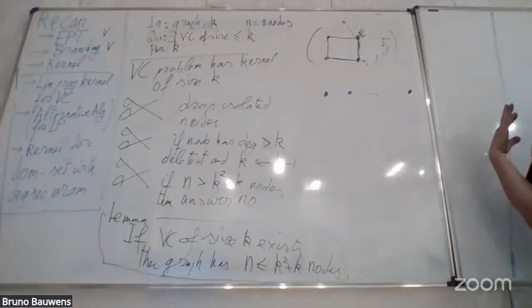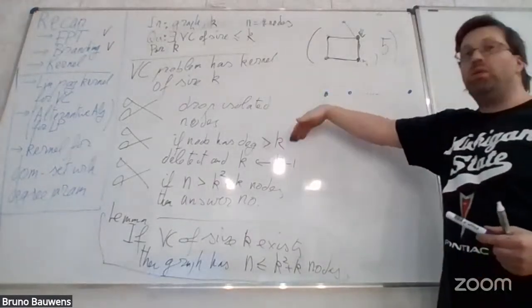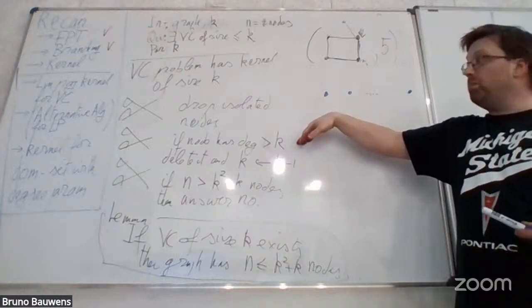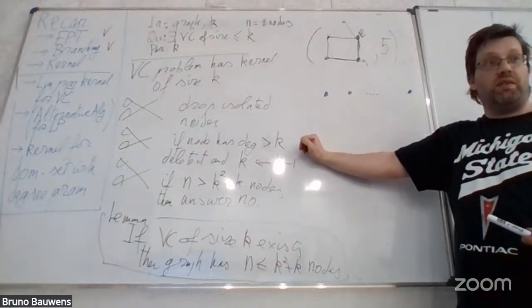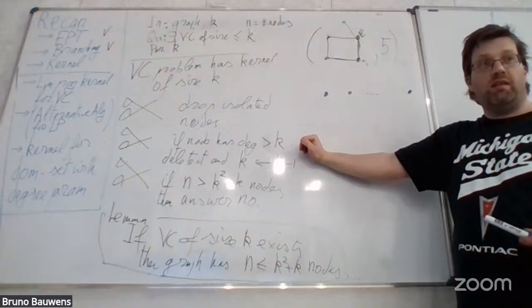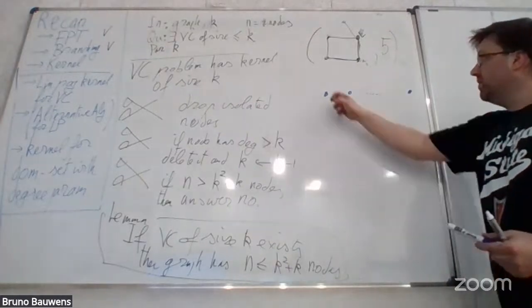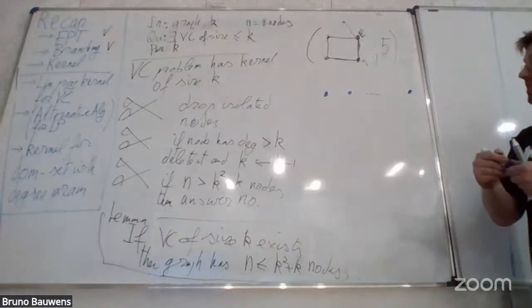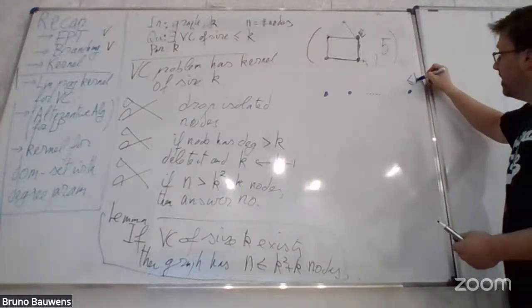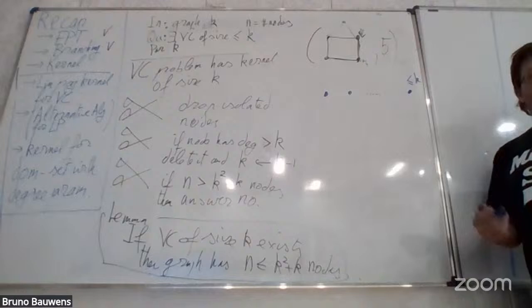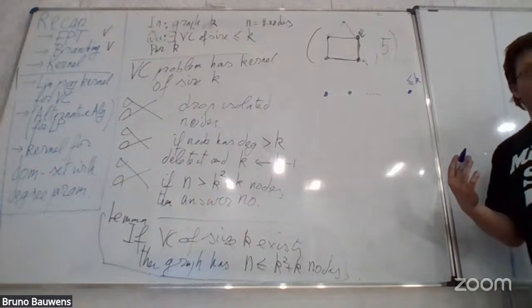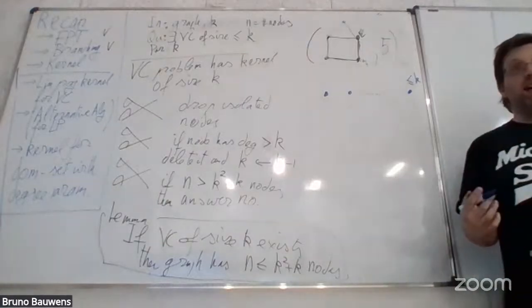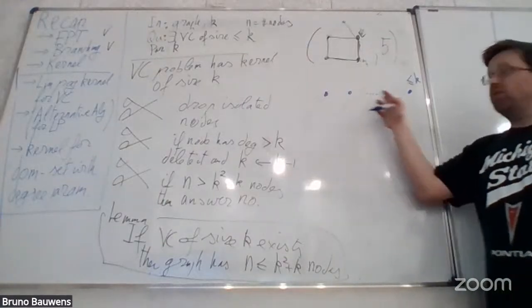And remember what I said, we apply this rule until it is no longer possible. That means no isolated nodes and all the nodes have degree at most k. So the blue nodes are in the vertex cover, so at most k of them. Now let's think how many edges can there be? We know every edge has an endpoint in the vertex cover.